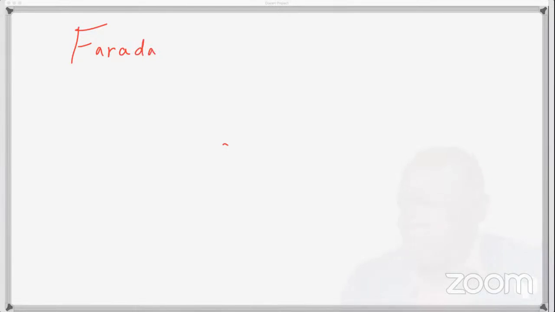So Faraday's law deals with the changes in magnetic flux, and Faraday's law basically says that any change in magnetic flux induces an EMF, and in equation form, Faraday's law is written like this. The magnitude of the induced EMF is equal to the number of turns.